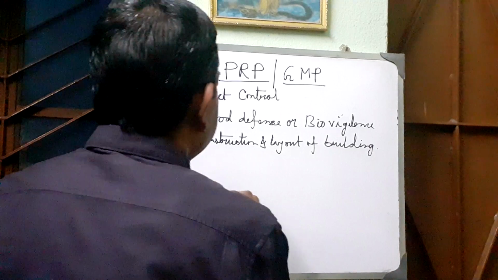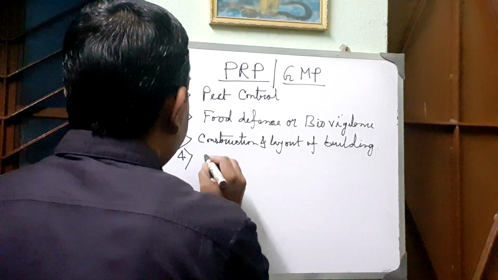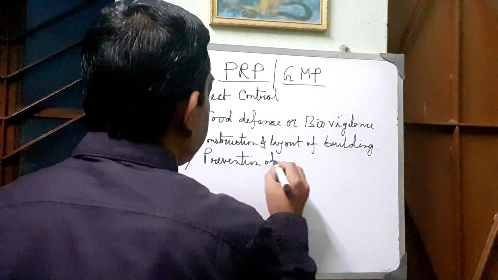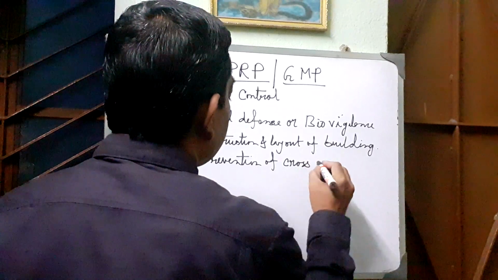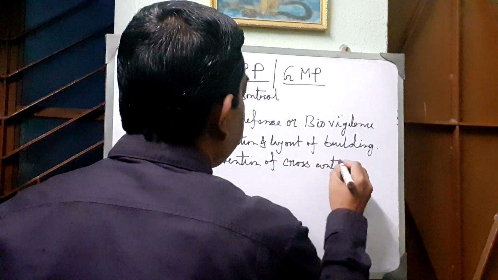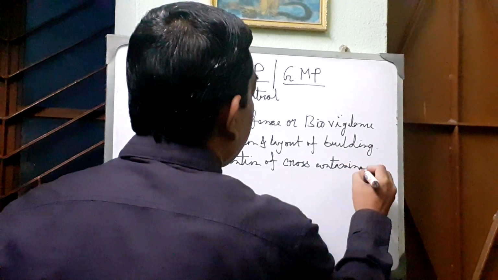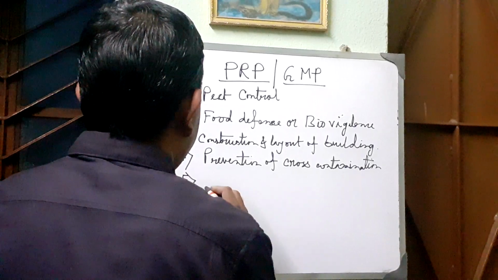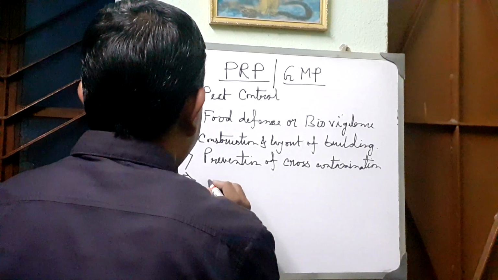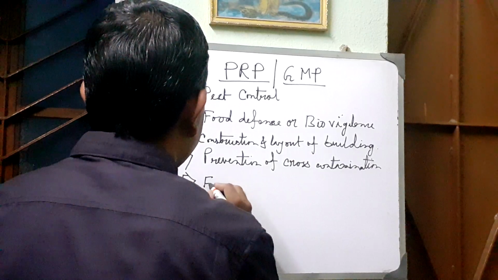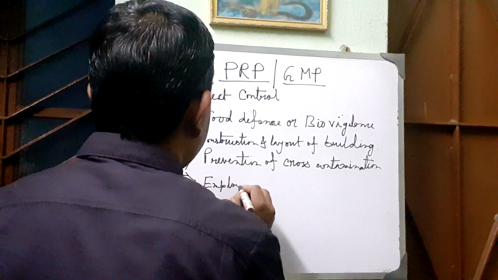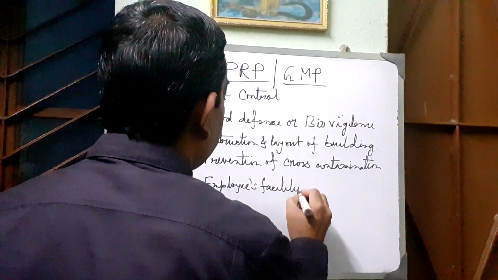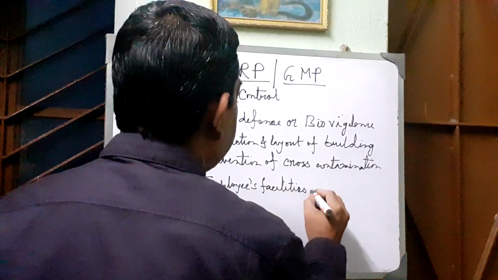The fourth one is prevention of cross contamination. The fifth one is employees facilities and personal hygiene.